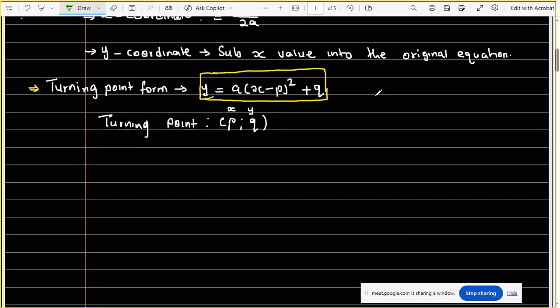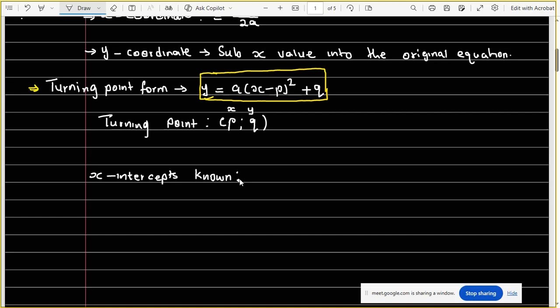Okay. So let's say you know your x-intercepts. I'm still on turning point. Let's say they give you the graph where you know your x-intercepts.